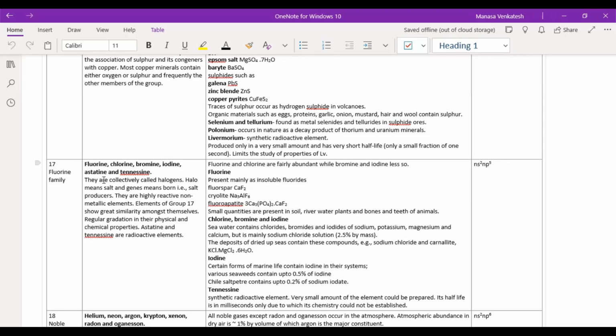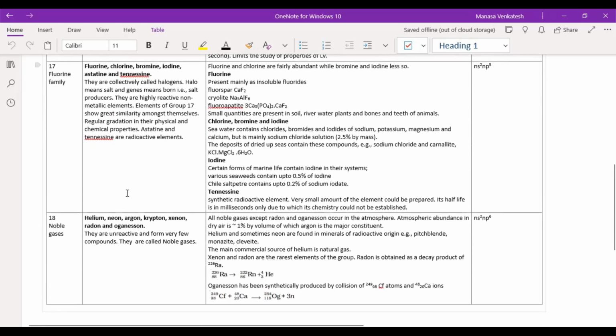And they usually react with the elements in the first and the second group to form salts. One unique thing about the halogens is that they show good gradation in terms of various properties, and astatine and tennessine are radioactive elements. Their electronic configuration is ns2np5.